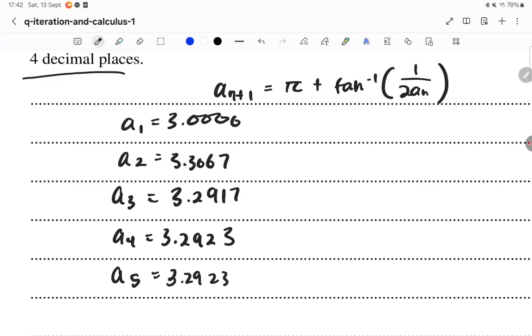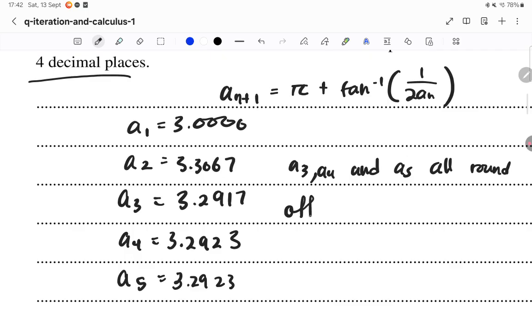So if we have a look at the iterations here, so a3 is 3.29, it remains 3.29. a4 is 3.29 also, rounding off to 2 decimal places, and a5 is 3.29 also, rounding off to 2 decimal places. Thus, a3, a4, and a5 all round off to 3.29 to 2 decimal places.